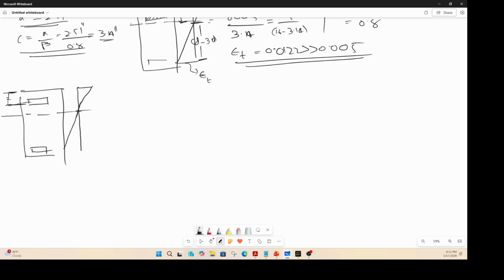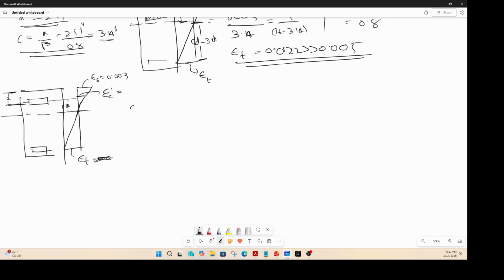So 3.14 here. So this value from here to here will be 3.14 minus the 2, 1.14, and this is epsilon c 0.003, epsilon t. Sorry, we are finding the epsilon here. Epsilon, our strain in our compression reinforcement, is equal to question mark.